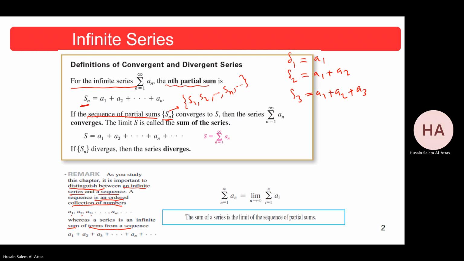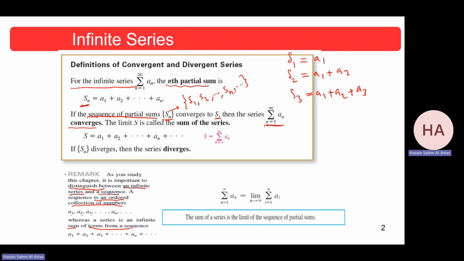I have a sequence of partial sums. Now I check this sequence. If the sequence of partial sums converges to a value S, then we say the series, which is the sum of these n terms, converges.